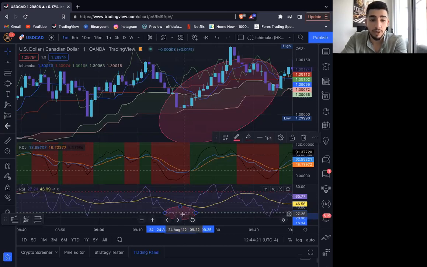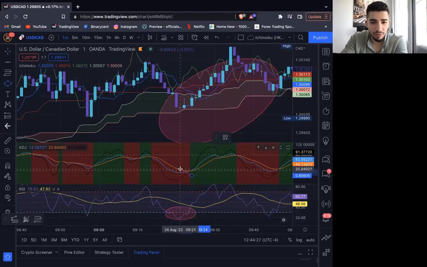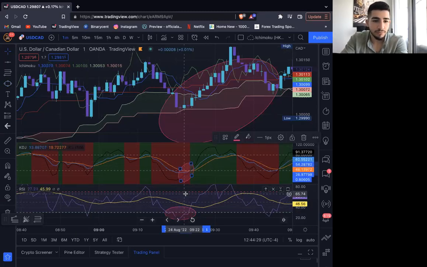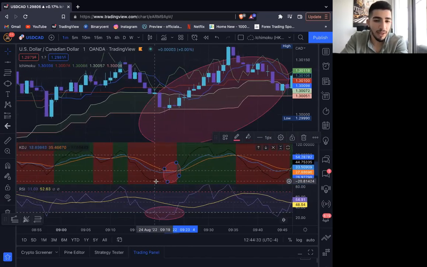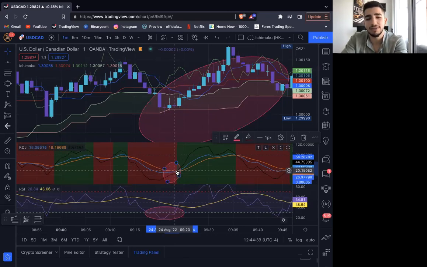It's at the floor now, right? Yep. And then I would look for my KDJ. Is my KDJ agreeing with me? My black line intercepts with my other two lines from below. Yes or no? Yes. Lovely. Now, this would be an example for a 1, 2, 3, 4, and 5-minute trade.